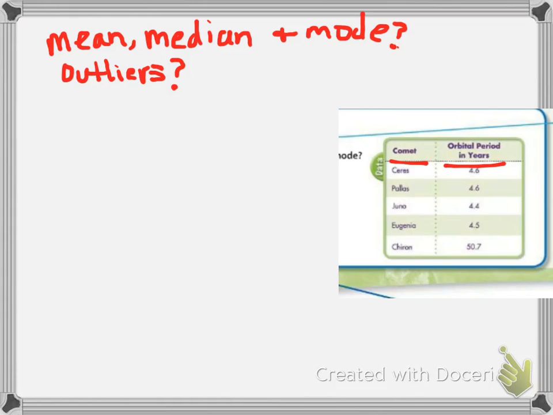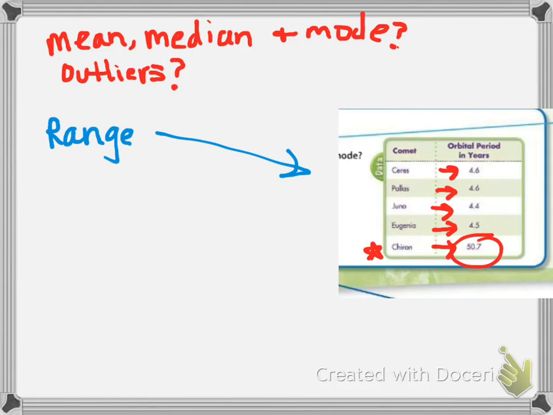Do you see how these are 4.6, 4.6, 4.4, 4.5, and a 50.7? Wow, okay. We can spot what the outlier is, right? From 4 to 50, that is a big difference. And you're going to see how this outlier here is going to affect the data for mean, median, and mode.